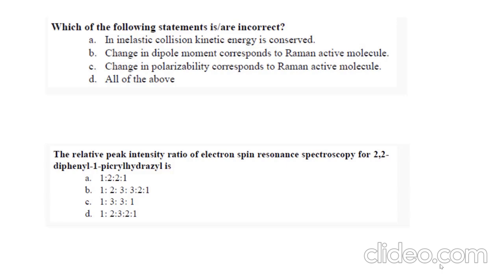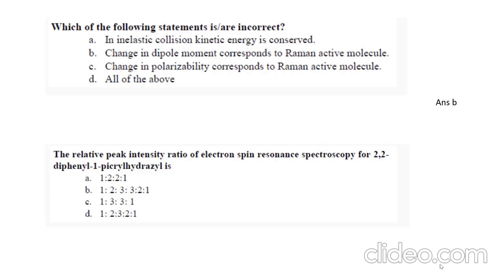Which one should be incorrect? Yeah, the dipole moment change does not correspond to a Raman active molecule.